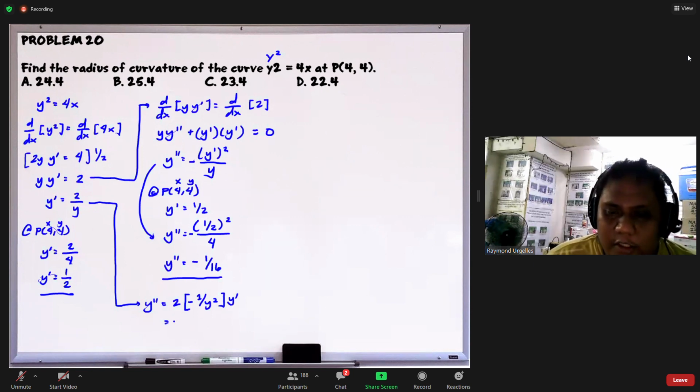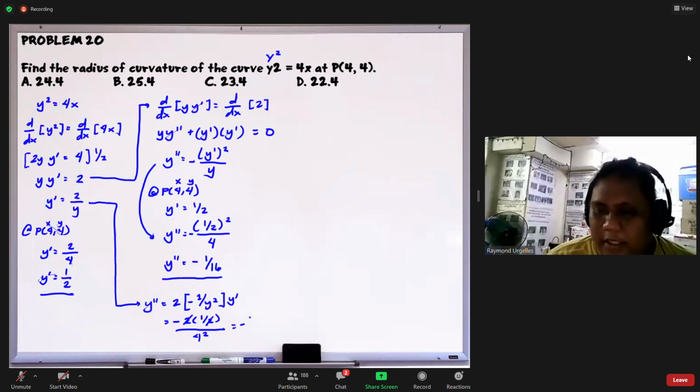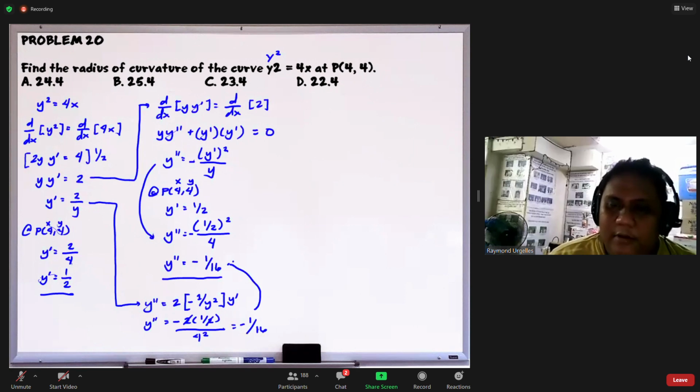So this will be negative 2 times y prime, and our y prime is 1/2, divided by y squared. Our y is 4, so this is 4 squared. Cancel the 2 here, so this is equal to negative 1 over 16 still. So it gives the same y prime prime.